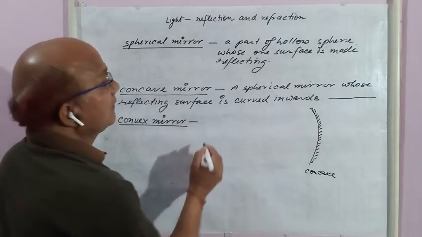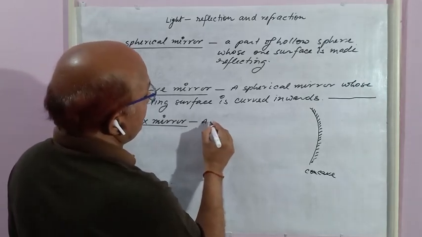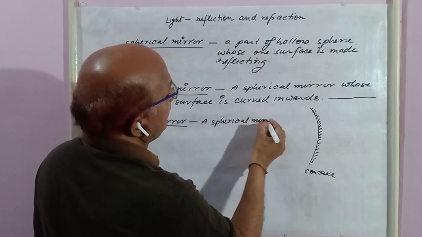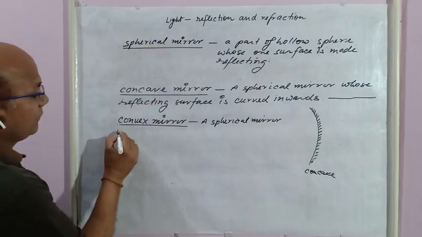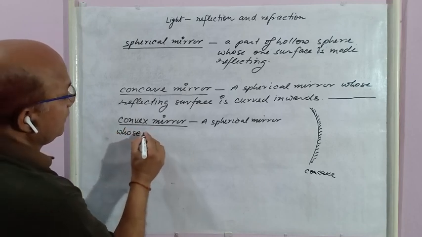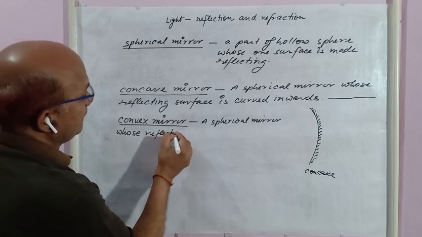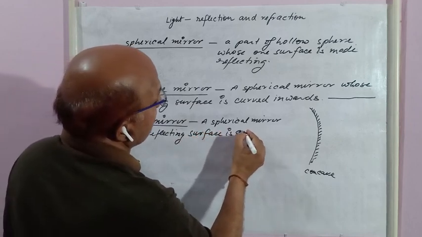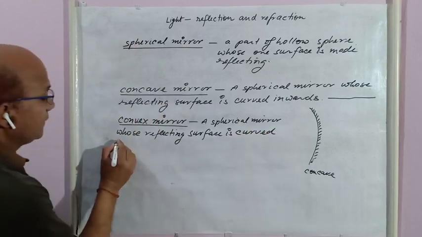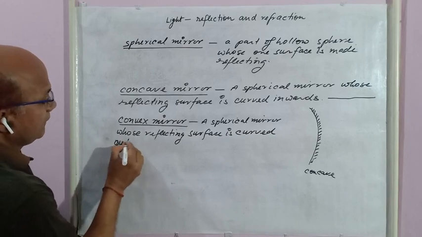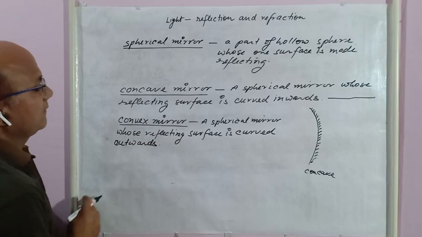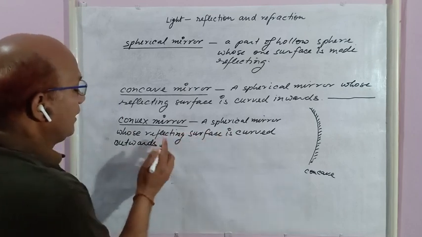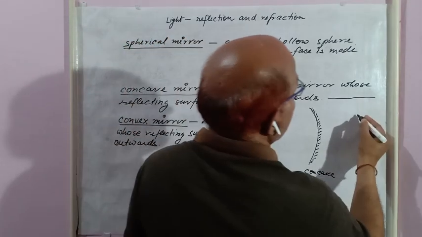Convex mirror, what is convex mirror? It is a spherical mirror whose reflecting surface is curved outwards. You can see it in the diagram.